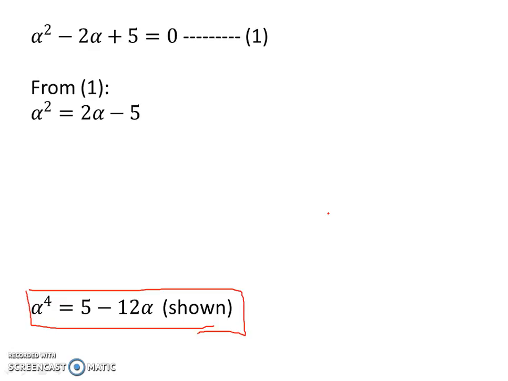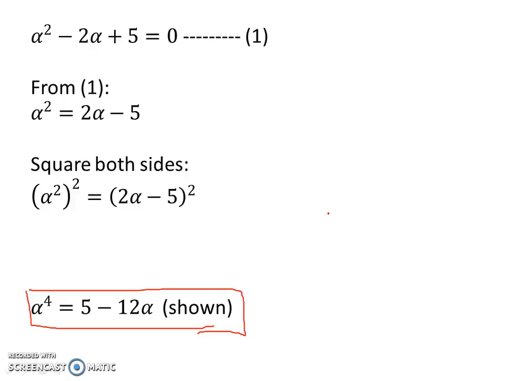From part 1, I get alpha squared equals 2 alpha minus 5. Instead of multiplying alpha squared to every term, I can square both sides. So I get alpha squared squared equals 2 alpha minus 5 squared, and then alpha to the power 4 is equivalent to 4 alpha squared minus 20 alpha plus 25. This simply makes use of your a minus b squared expansion.